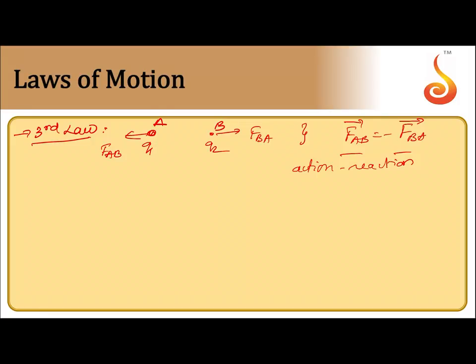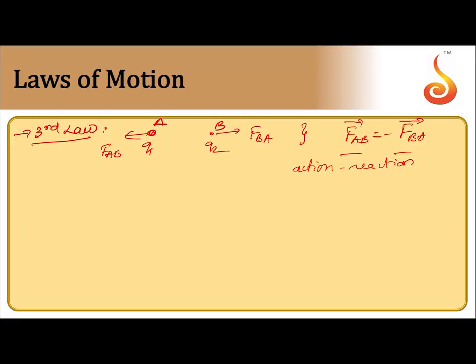So the three laws give us the idea about the role of force on an object. First one tells us force is required to change the state of motion. Second one tells us if you apply a force, what the acceleration is. Third one tells us what happens if I compare the forces on two interacting objects.